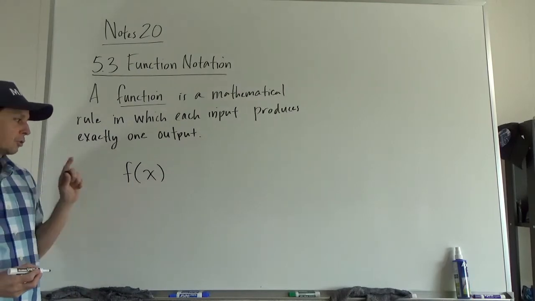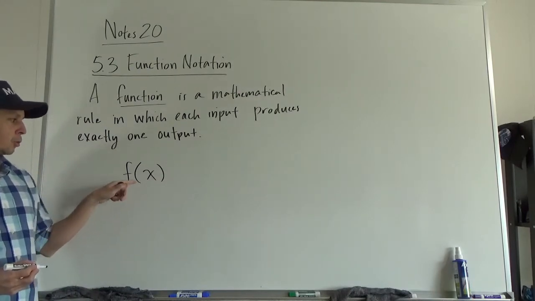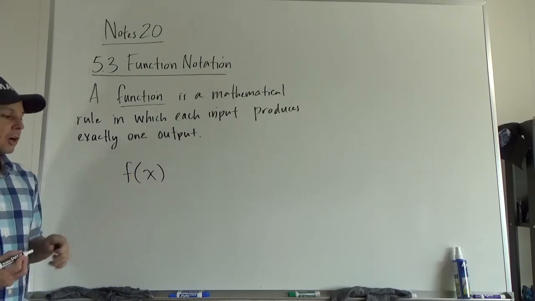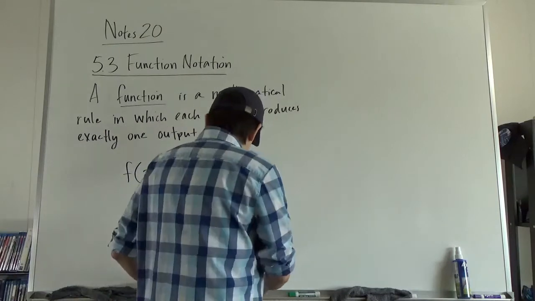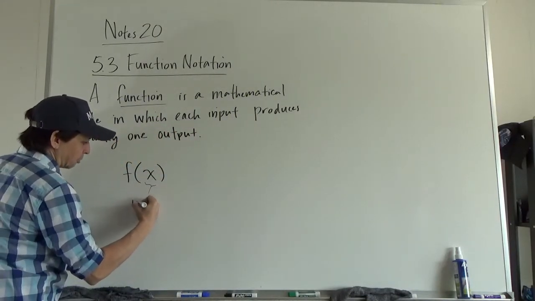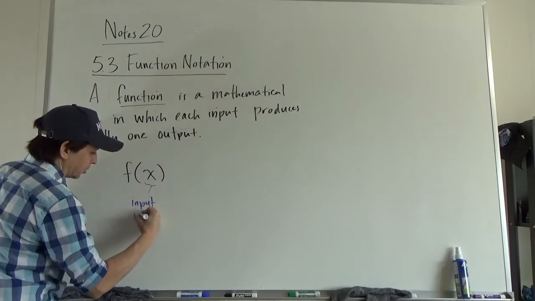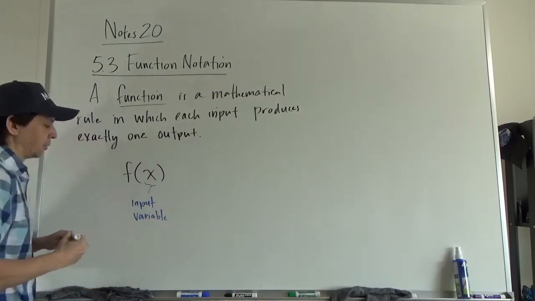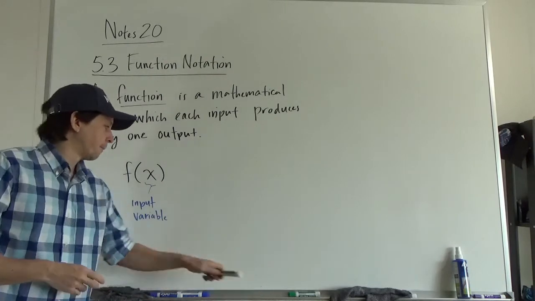I'll default to x. And even though we're used to seeing two things next to each other being multiplication, when you see this in this context, it is not multiplication. This is your input variable. It's just specifying what your input variable is. Sometimes called a dummy variable.